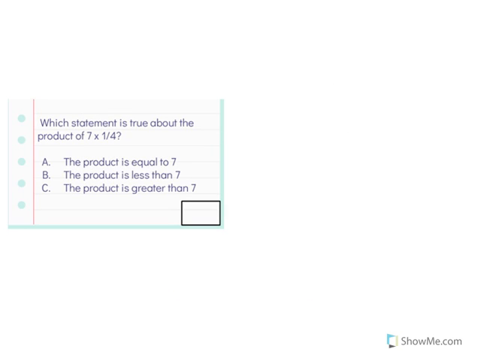It says, which statement is true about 7 times 1/4? Let's first read each statement. It says the product is equal to 7, the product is less than 7, or the product is greater than 7. Every time they are comparing the product to 7, so 7 is our original factor.